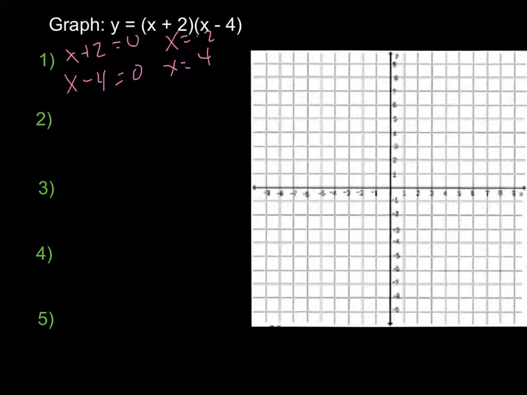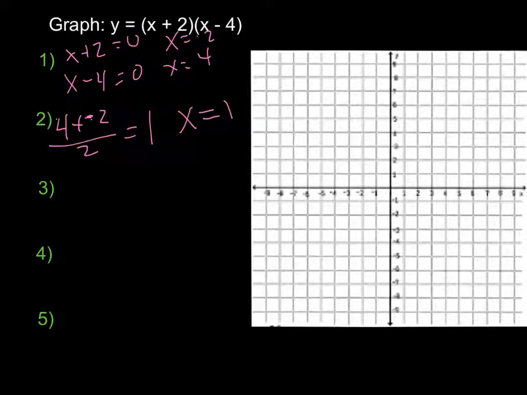Part 2 says find the axis of symmetry, or take the average of those zeros. So we're going to take the average of 4 and negative 2: we add them together and divide by 2. 4 plus negative 2 divided by 2 gives you 1, so our axis of symmetry is x equals 1.